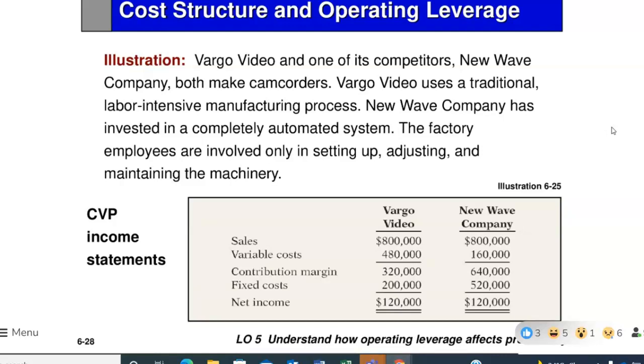When you look at New Wave, you see that their variable costs are 160 at that level of sales, but their fixed costs are 520. So a completely different cost structure. A cost structure that has a lot of fixed cost relative to variable costs, whereas Vargo has a lot of variable costs relative to fixed costs.